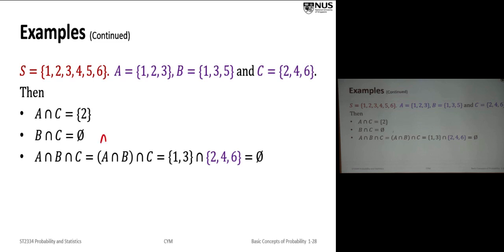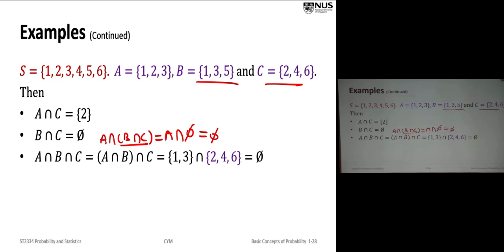If I do A intersect B first, then intersect C, there are no common elements, so it's the empty set. So the answer will be the same. So long as you intersect many events, the order is not important.